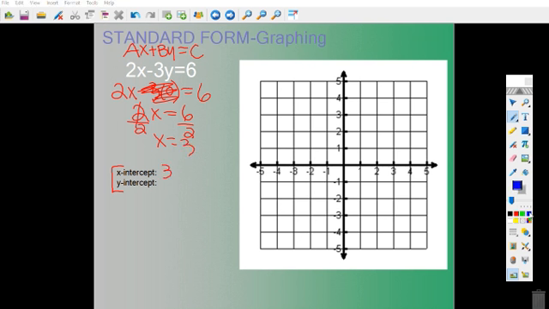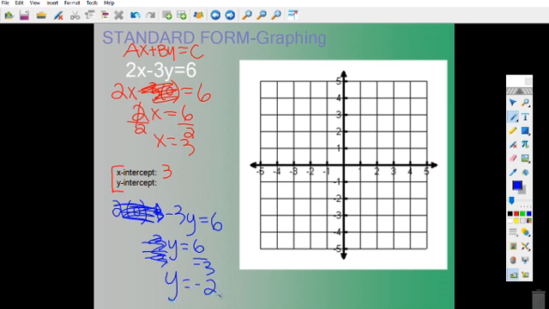Now, solve for the y-intercept. This time we plug in 0 for x. Oops, it's a minus 3y equals 6. Those go away. We get minus 3y equals 6. Divide by negative 3. Y equals negative 2.